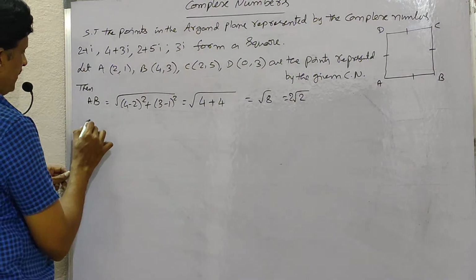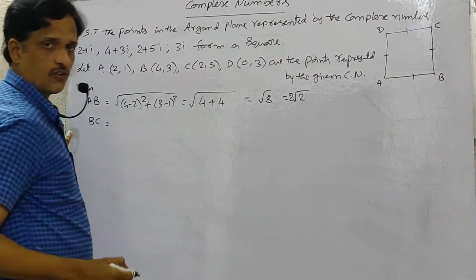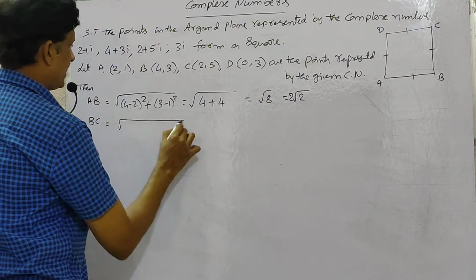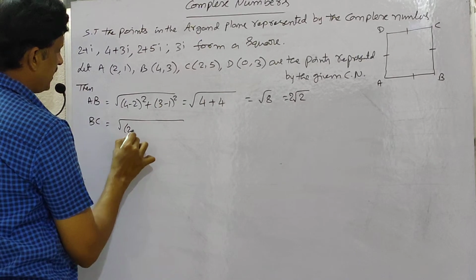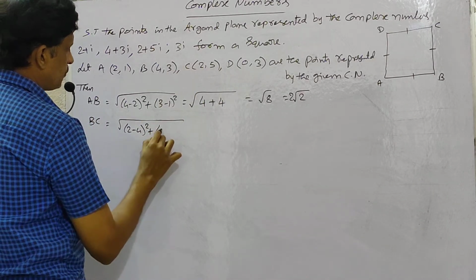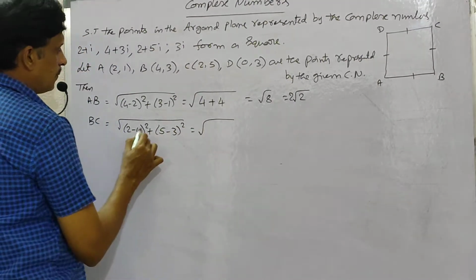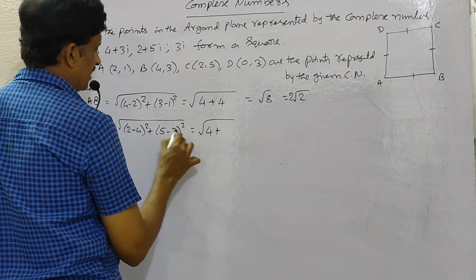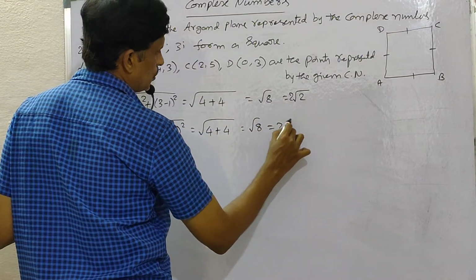And AB, BC, CD, DA, these are the four sides. Second side BC is of length root of, consider these two, 2 minus 4 whole square plus 5 minus 3 whole square. 2 minus 4 whole square is 4 plus 5 minus 3 whole square is 4, that is again root 8, that is 2 root 2.